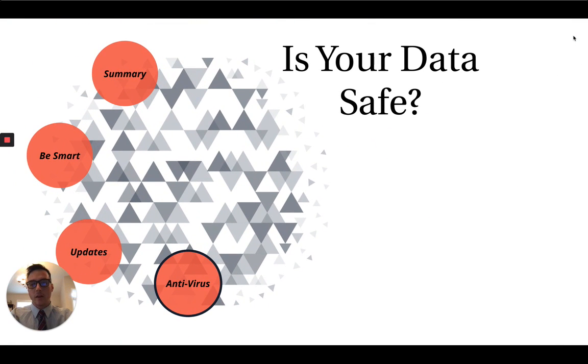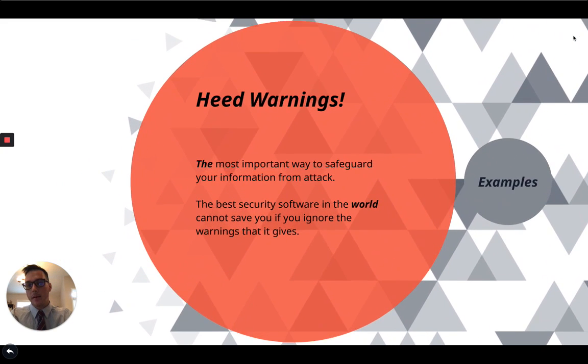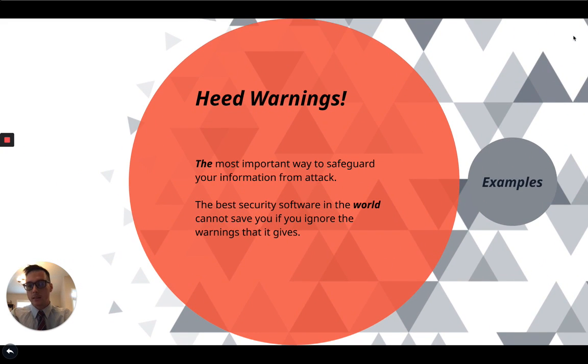So we've talked about antivirus software and updates. And so this might be the most important thing that you can do, and that's be smart. What I mean by be smart is please heed the warnings that your computer gives you. Whether it's your operating system or your antivirus software, it will give you a warning if it recognizes some malicious software trying to run, or if you're accidentally about to perform some risky behavior.